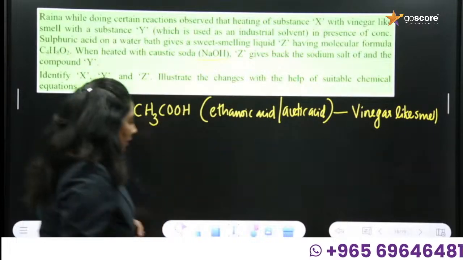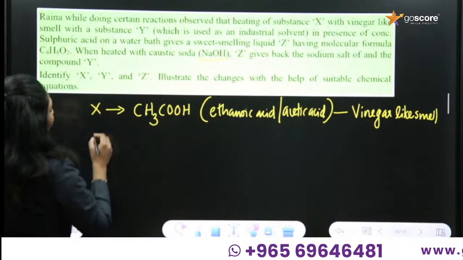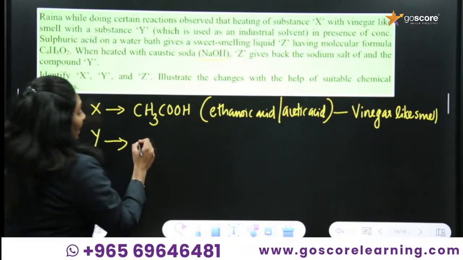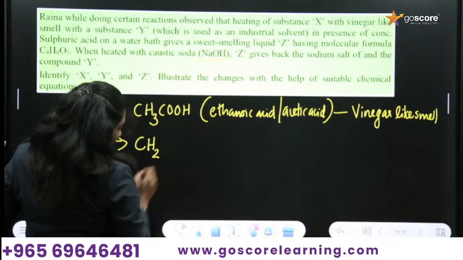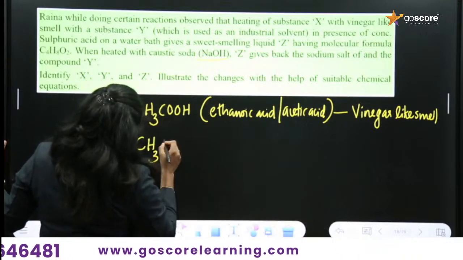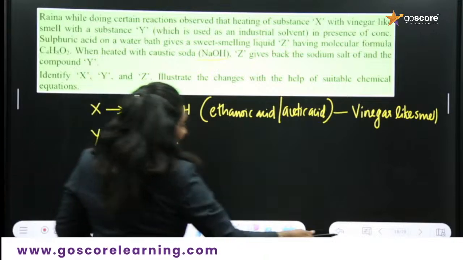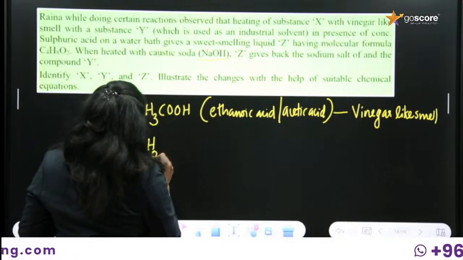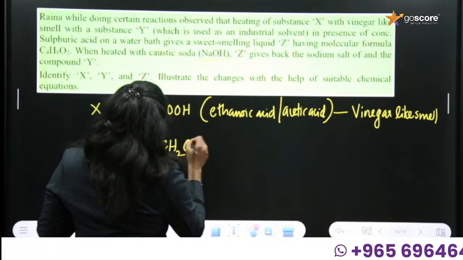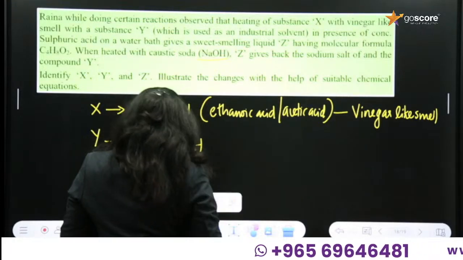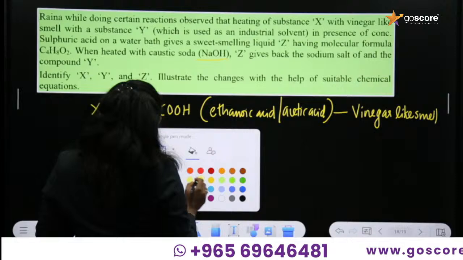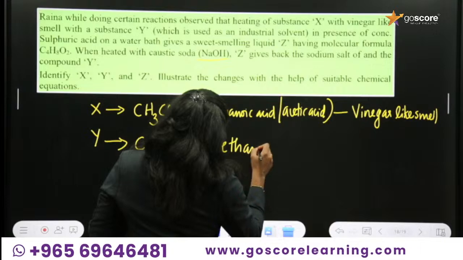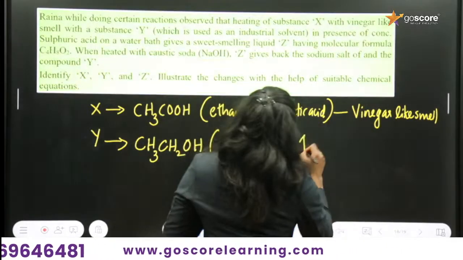Right. Now, what is Y? Y is given, it is used as an industrial solvent. We are learning methanol, right? Methanol. Sorry, not methanol, it is ethanol. I am extremely sorry. Ethanol, right? That is CH3CH2OH, ethanol, which we are using as an industrial solvent.